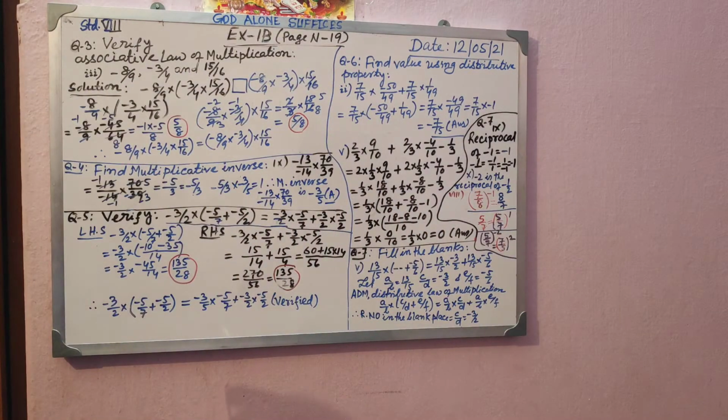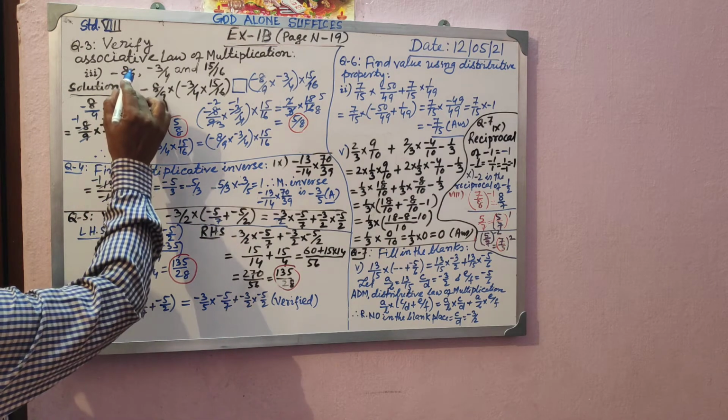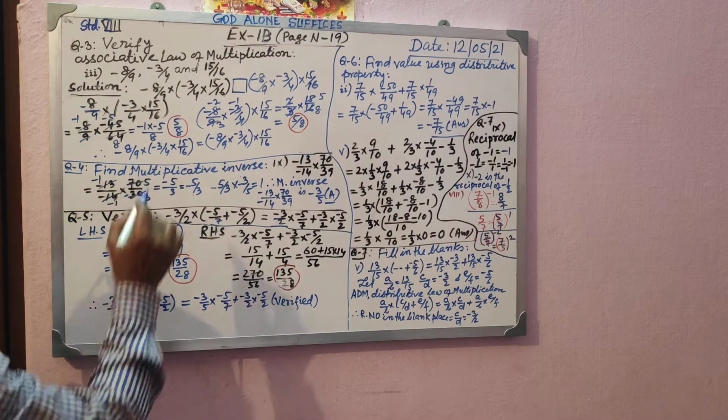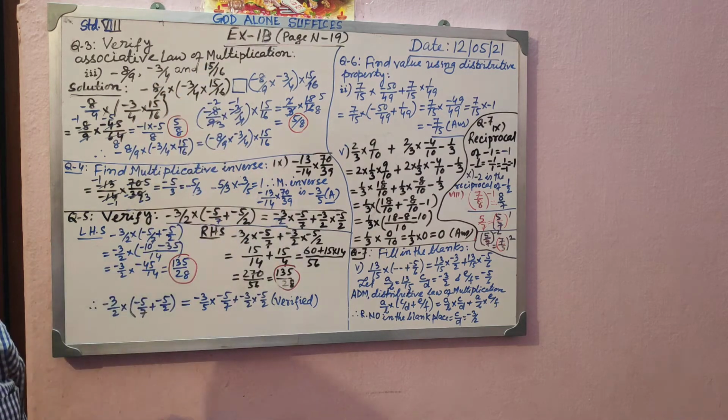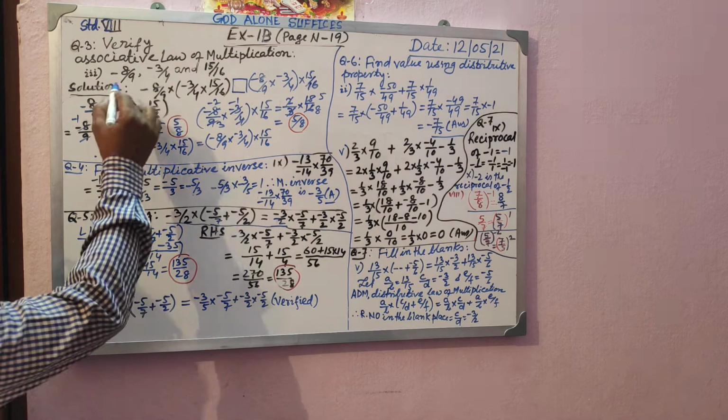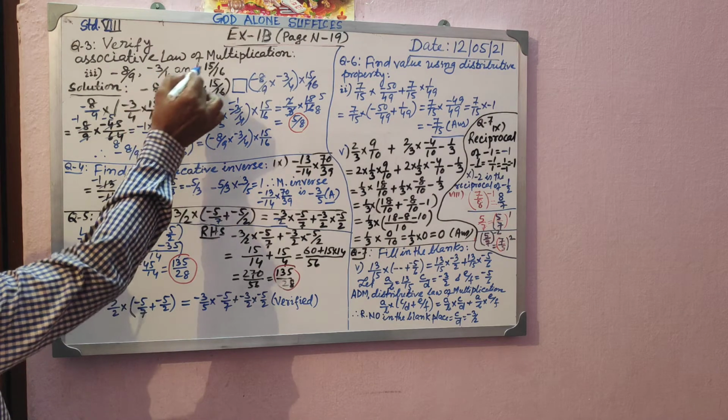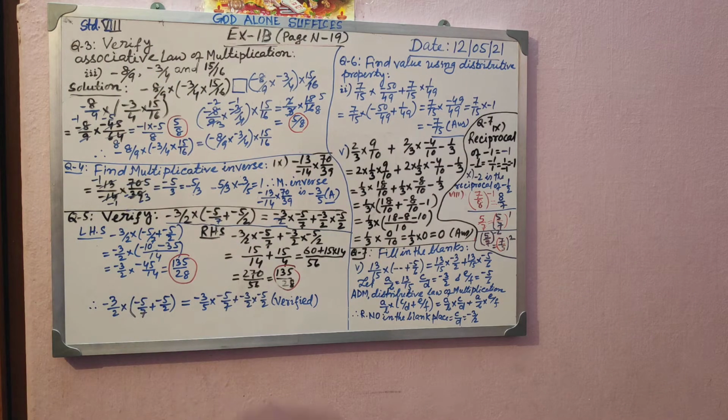Let us do it. I have taken question number 3. The first rational number is minus 8 by 9, the second rational number is minus 3 by 4, and 15 by 16 is the third one: a by b, c by d, and e by f. You understand? Now we need to prove the associative law.